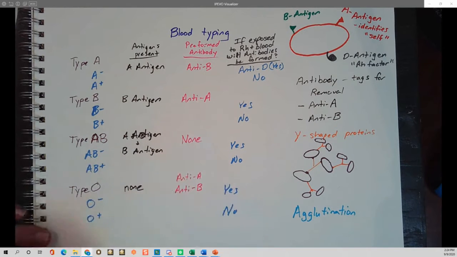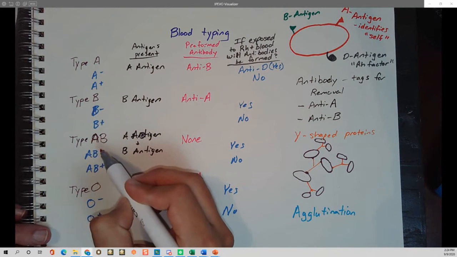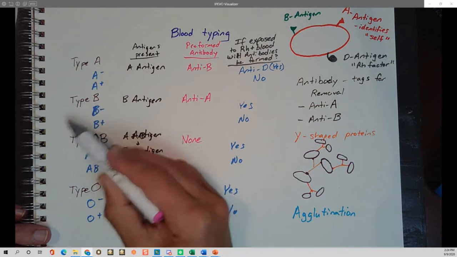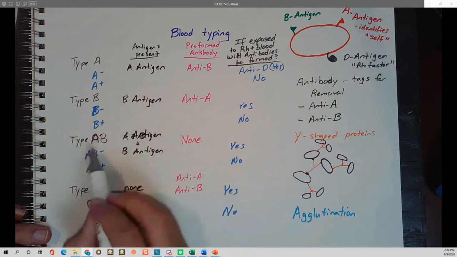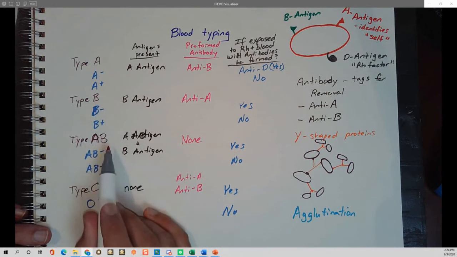It's got an anti-A in it. Can't put A in there. However, can a B be donated to an AB? Yep, because the B, well, it doesn't come along with an A, but even if it did, it'd be fine, right?